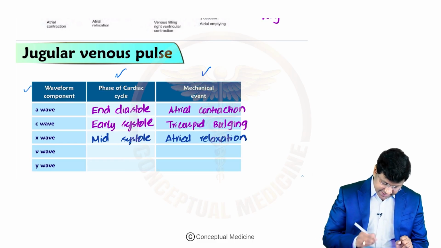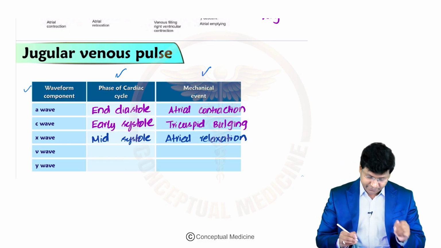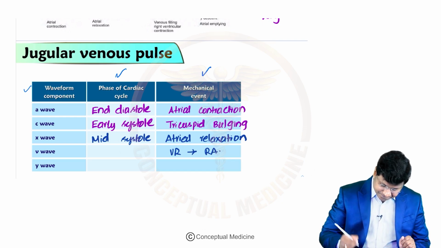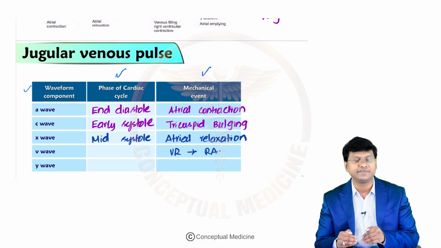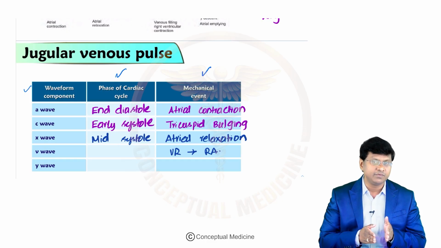Okay, next, you take the V wave. What is the event which we have discussed in the V wave? The V wave corresponds to the venous return into the right atrium. So venous return means the atria is still in the phase of diastole. Then what will the ventricle be in?